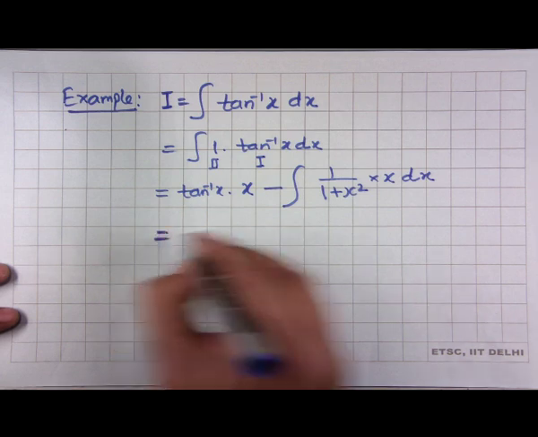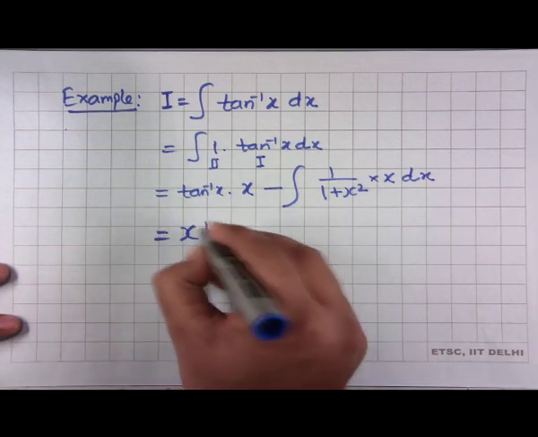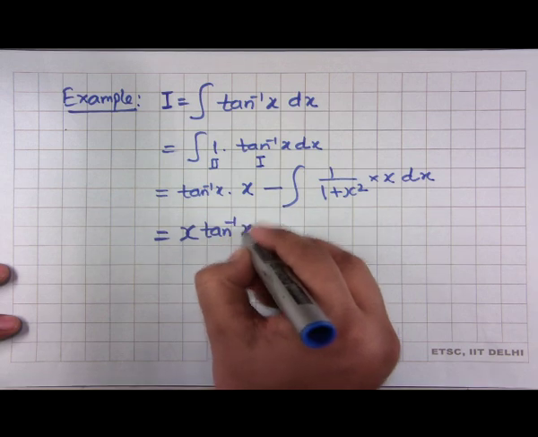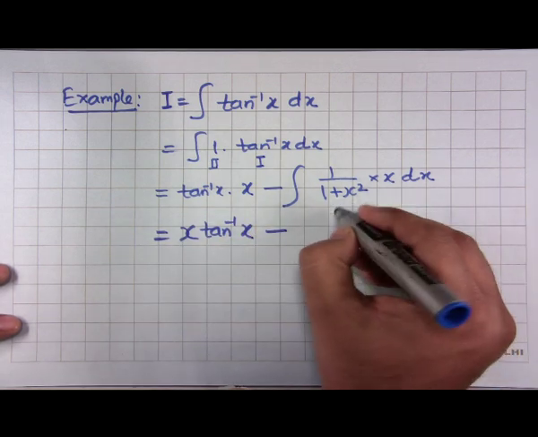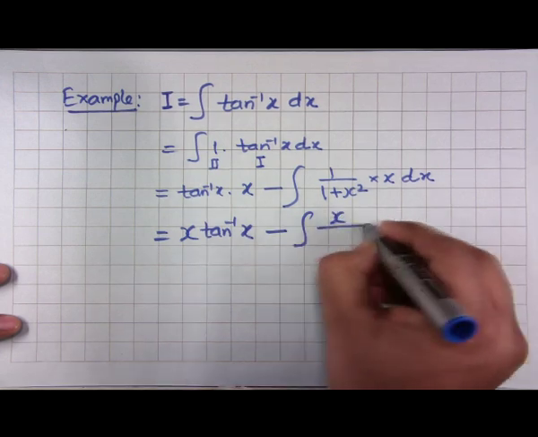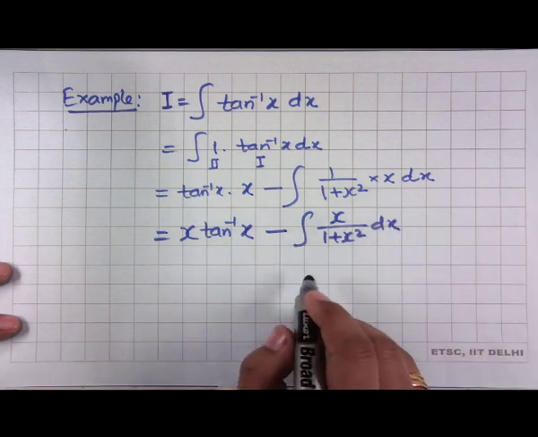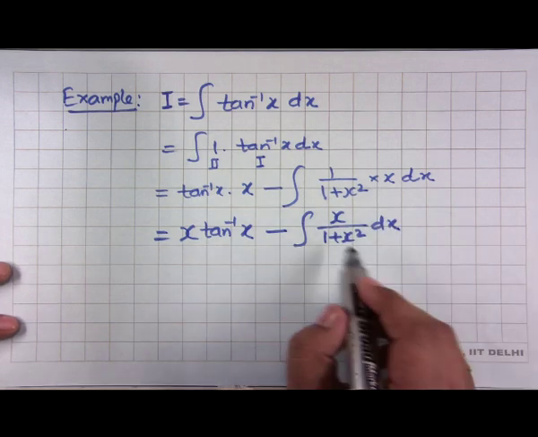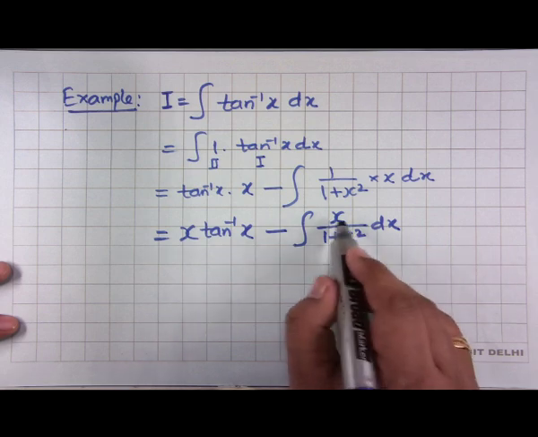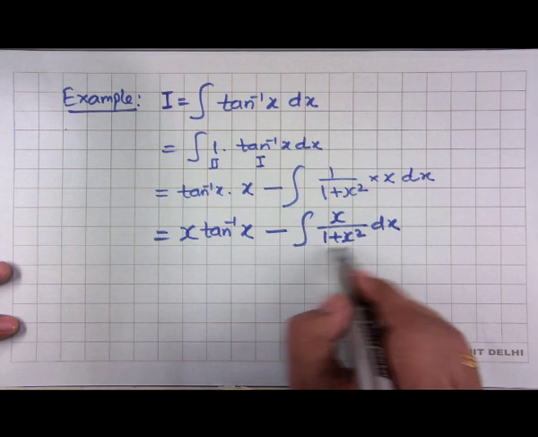So, you see how simple it has become: x tan inverse x minus the integration of x over 1 plus x square dx. With our practice of problems so far, I think you can easily see that the numerator is nothing but the differential of the denominator.